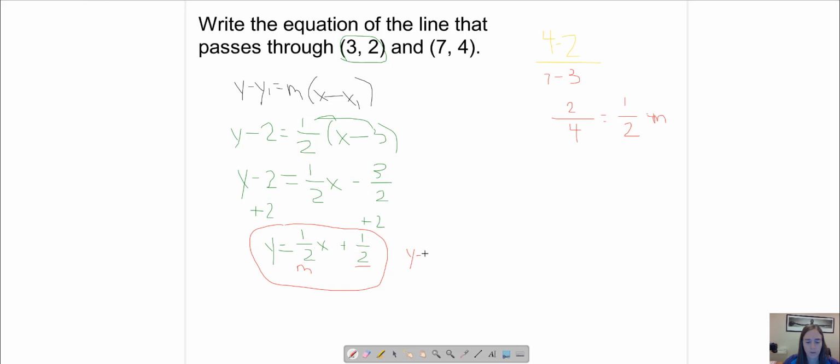So your y-intercept would be 0 and 1/2. That's where you would start. So if we were going to graph this, I would start at 1/2 right there.